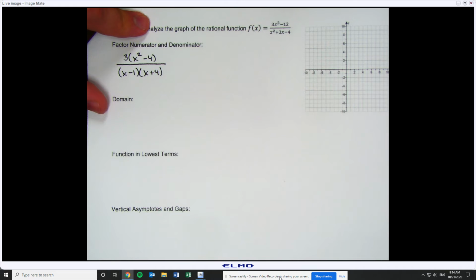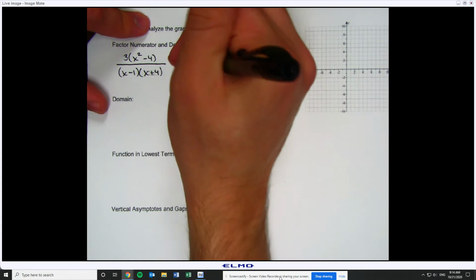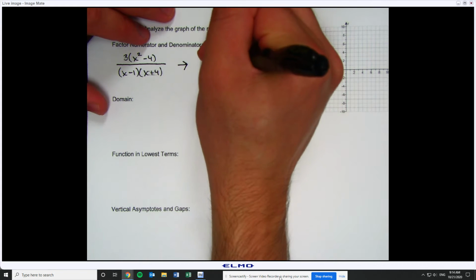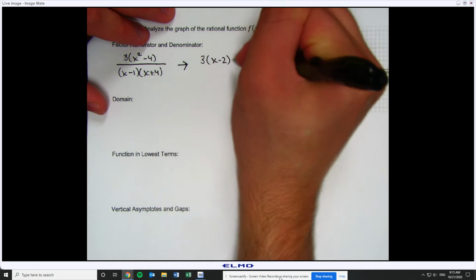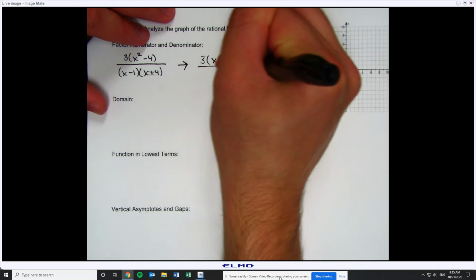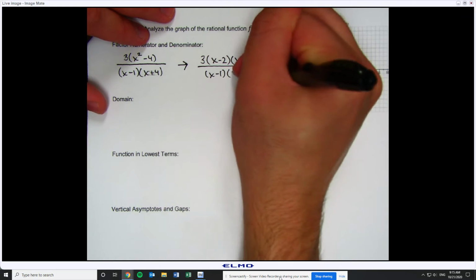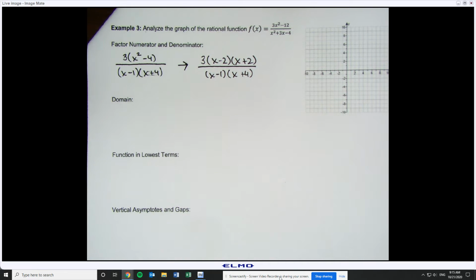Now, I can go a little bit further. This inside is a difference of squares. So that gives me 3, x minus 2, x plus 2, divided by x minus 1, x plus 4.